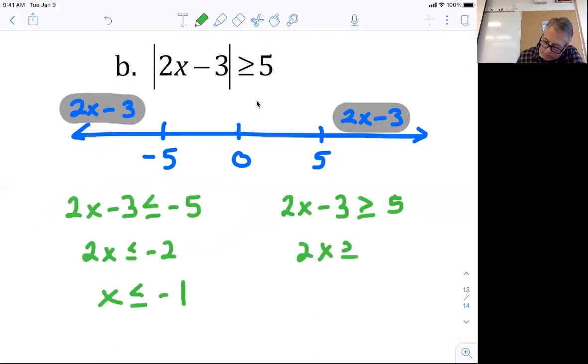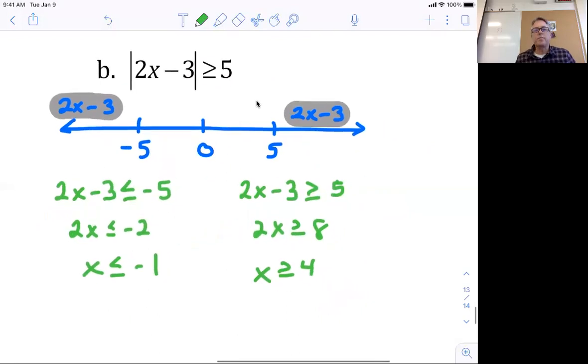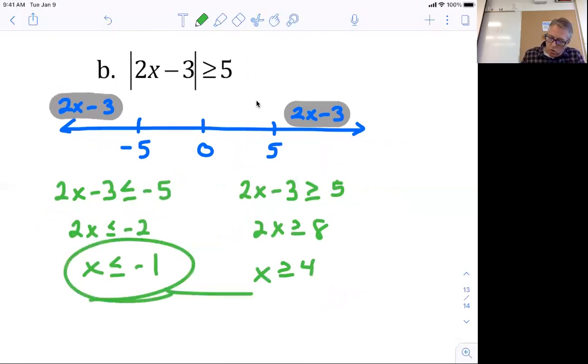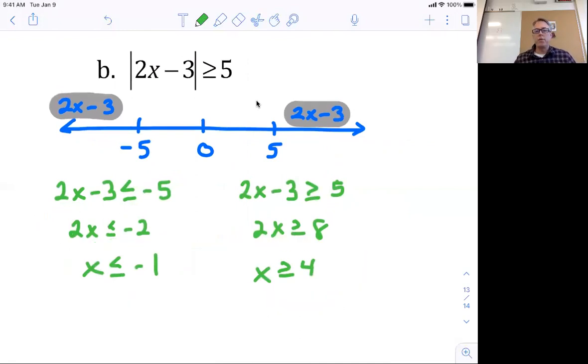Here I have 2x is greater than or equal to 8, or x is greater than or equal to 4. So our answer could be either here or here. It's an or statement because we have two different regions. It could be in one region or the other region.